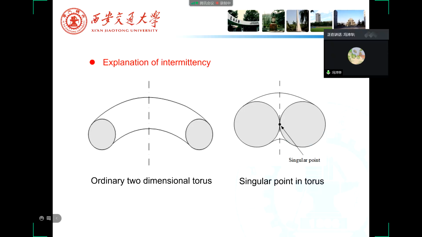This means that when the system switches back and forth between the quasi-periodic motion and the chaotic motions, the torus of the system goes back and forth, becoming thinner and fatter, leading to the onset and disappearance of the singularity point.